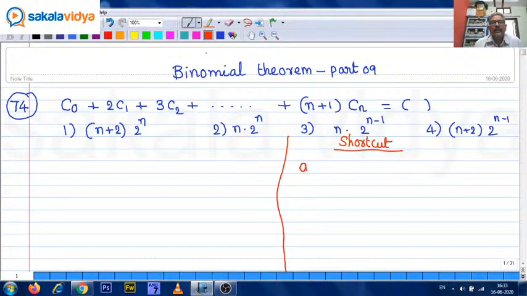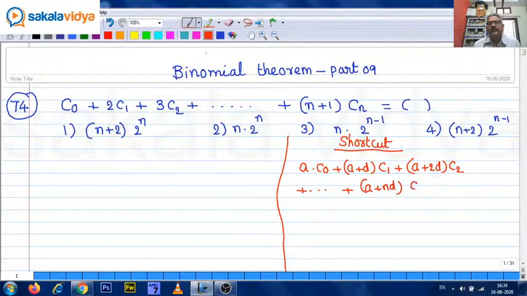This is a times C naught plus a plus d, that means this is C1. Next term is just like arithmetic progression, a plus 2d C2, and so on, up to a plus nd Cn.